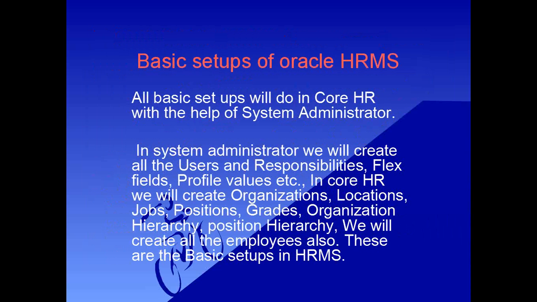The 6 are: one is job, one is position, one is grade, one is competency, one is cost allocation, and the last one is people group. First one is job. I'm just giving you a rough idea, just for your basic knowledge.